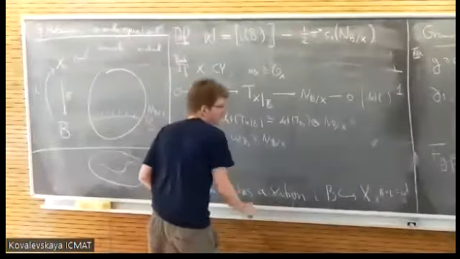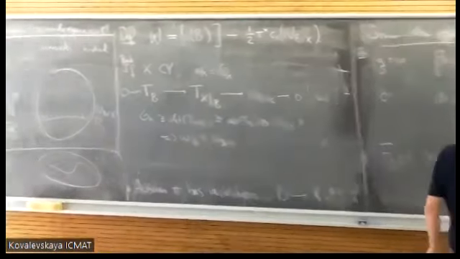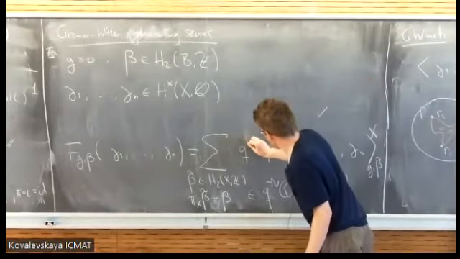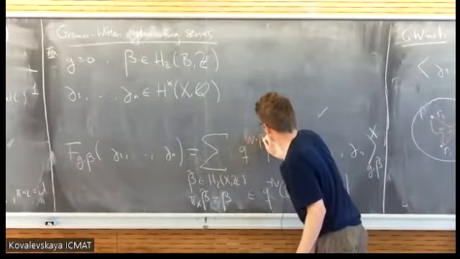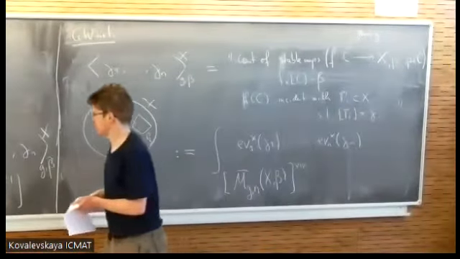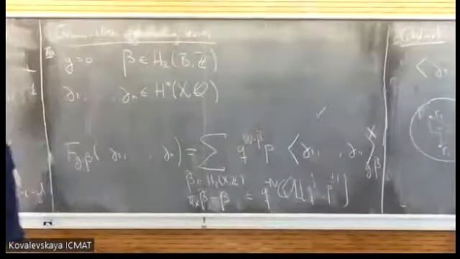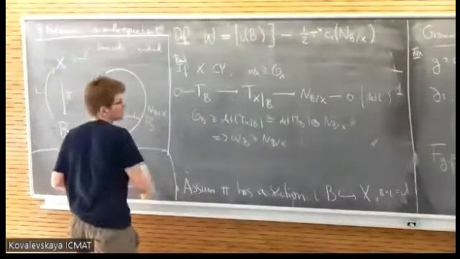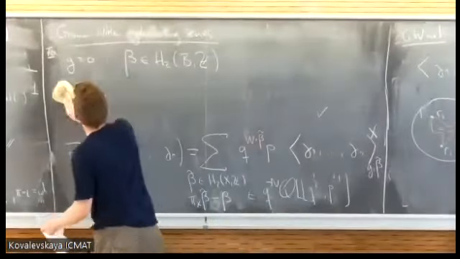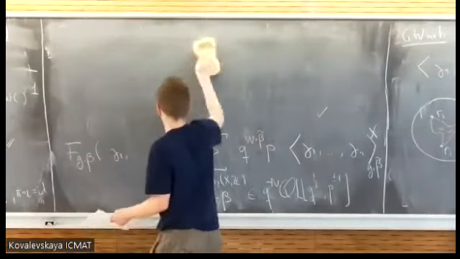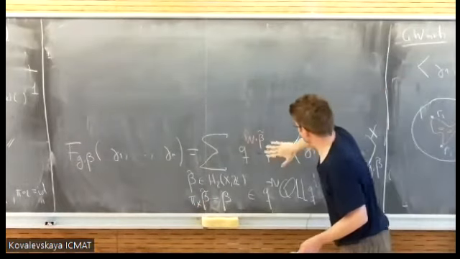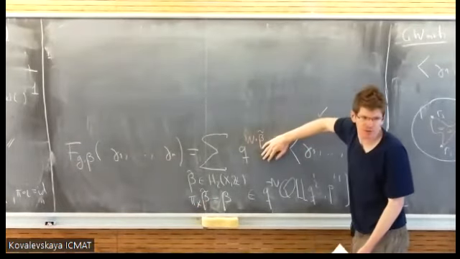So what we do here is we put W times this beta tilde. Now the P is a well-defined thing.